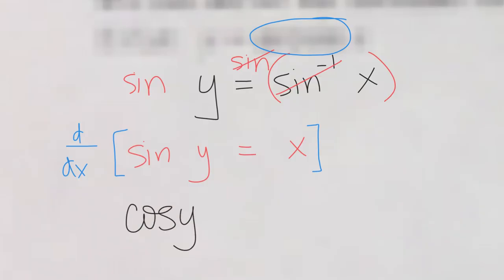Cosine, so the derivative of sine is cosine. We do this one at a time using the chain rule. And then what's the derivative of y? Right, y prime, or dy dx. And what's the derivative of x? Well, that's just 1.